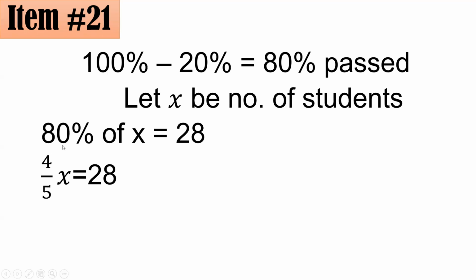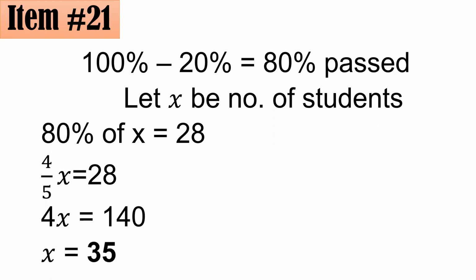I chose fraction. 80% means 80 over 100, or when simplified, 4/5. So 4/5 of X is equal to 28. Multiplying both sides by 5 gives 4X equals 140, and dividing both sides by 4 gives X equals 35. So to everyone who answered B, or 35 students, great job. Great start. Okay. Thank you.